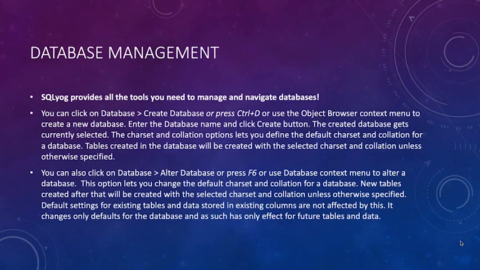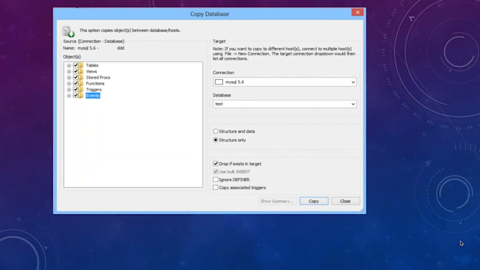Default settings for the existing tables and data stored in existing columns are not affected by this. It changes only default settings for the database, and has effect only for future tables and data. So please remember that.